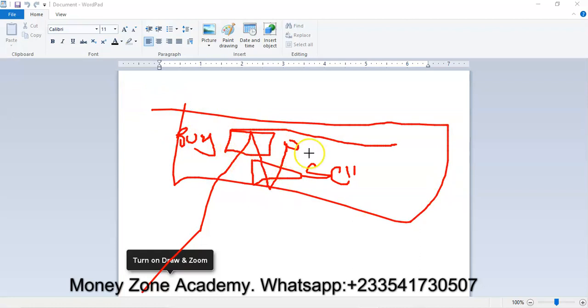When they push up, the sellers go into negative and the buyers also go into negative, because the buyers were stuck here and the sellers were stuck here. So in between here, price becomes stagnant, or they relax in the middle here.